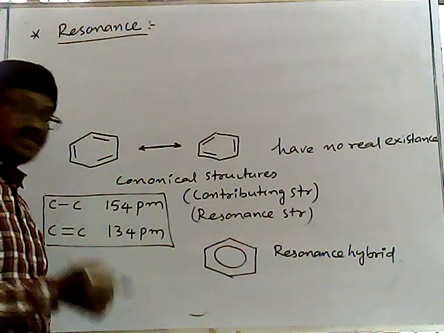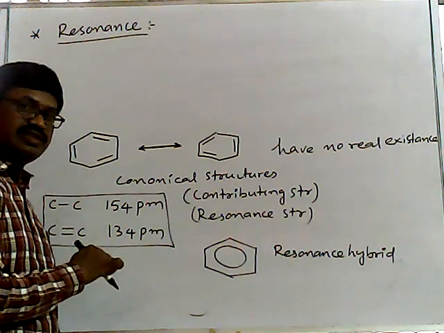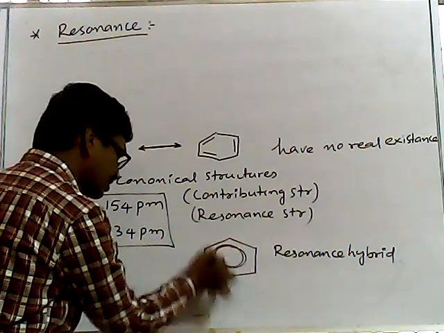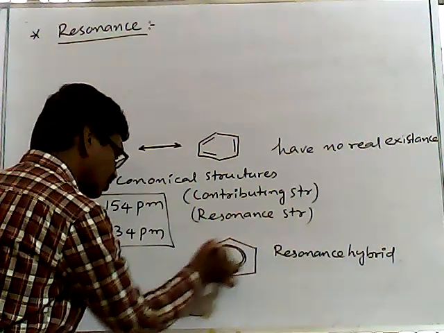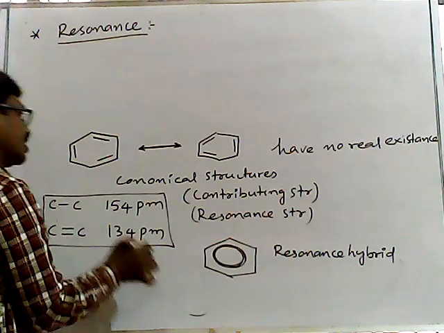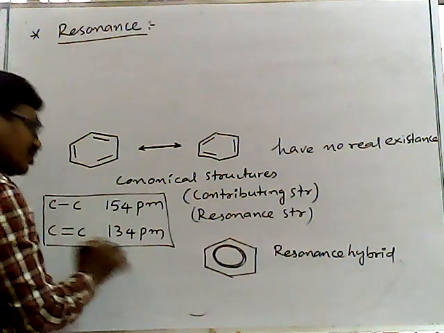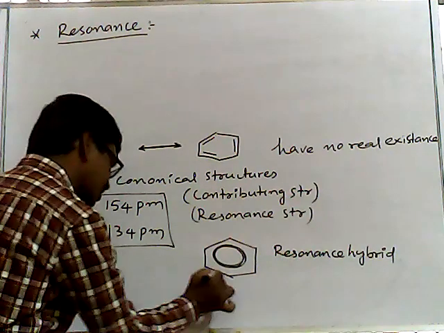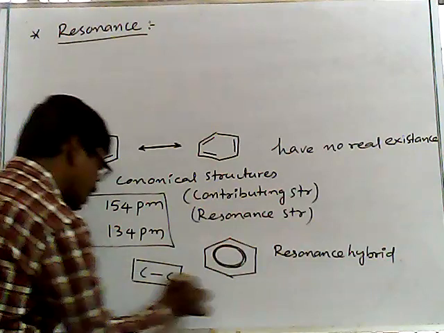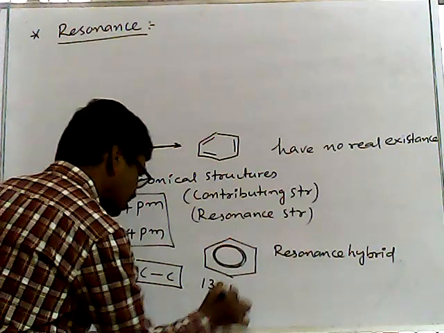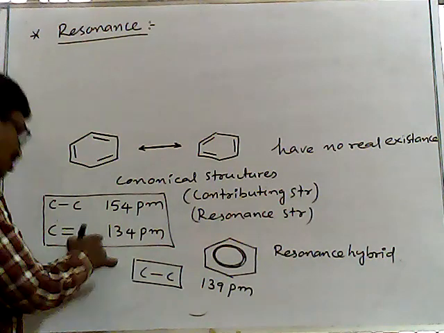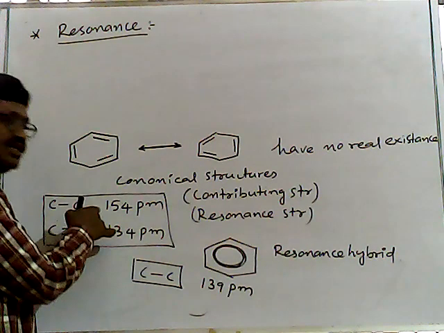This property is explained on the basis of the resonance hybrid. If you write like this, all the pi electrons rotate throughout the molecule. Therefore, we can't get a double bond or single bond. As per experimental findings, the bond length between any two carbon atoms in benzene is 139 picometers. It is more than the double bond length and less than the single bond length.